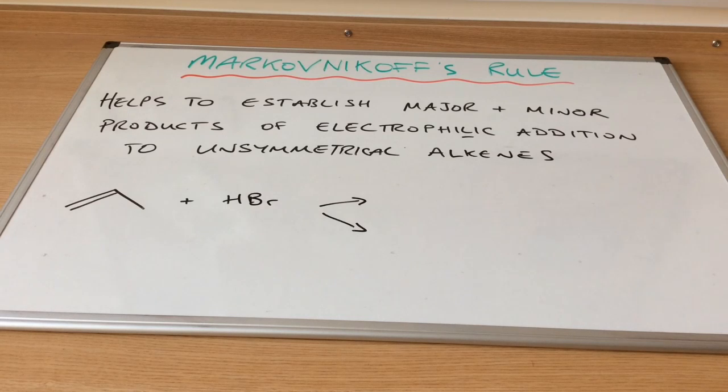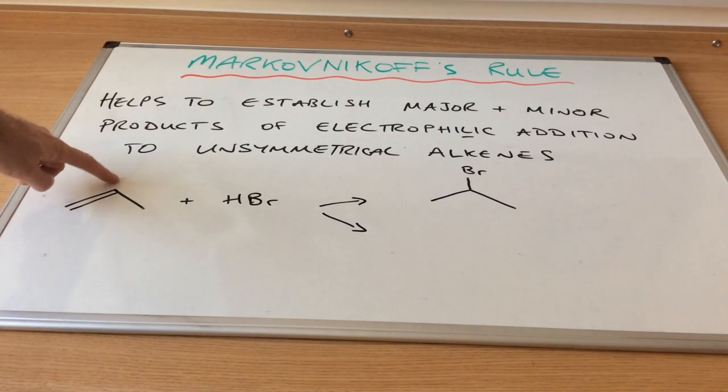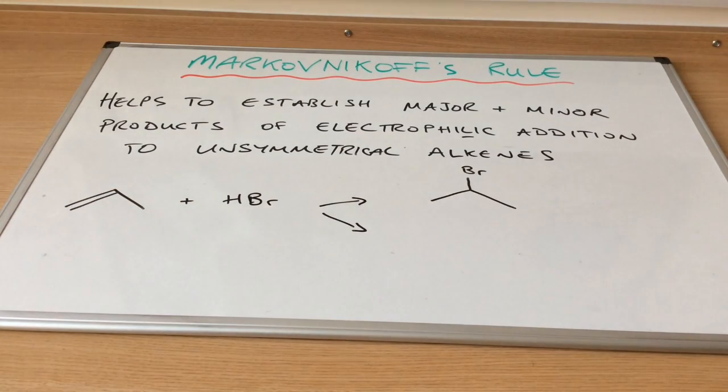So if we think about the unsymmetrical alkene propene, when it reacts with something like HBr, hydrogen bromide, there are actually two possible products. The first one is 2-bromopropane, where the hydrogen has added to carbon number 1 and the bromine has added at carbon number 2.